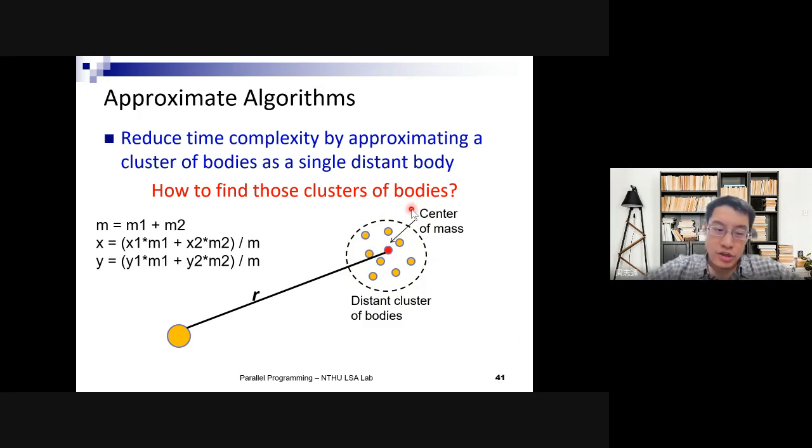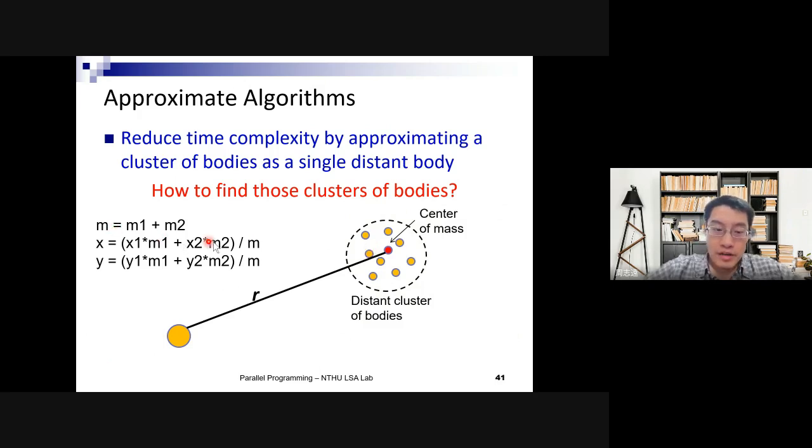So you need to, of course, calculate the mass center of those objects, and then you can simply treat those objects as a single object. So it will reduce the number of objects in your problem.